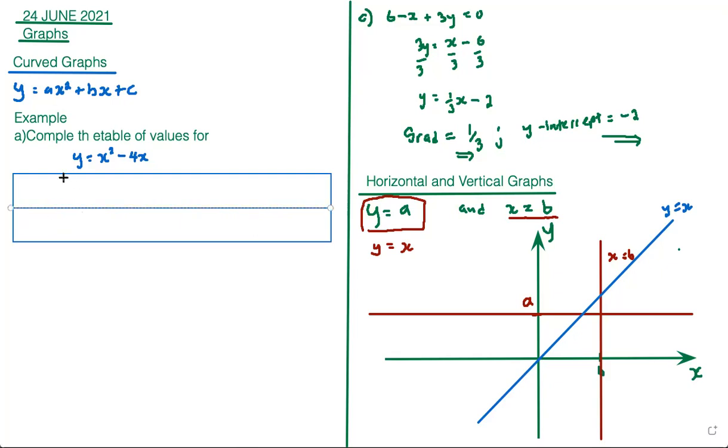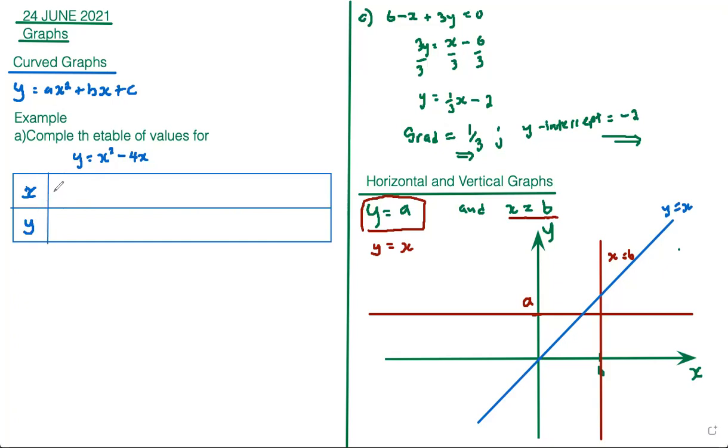Okay, so we have values of x and values of y. I just want to know now how many values do we have there. I'll write the values first and then I'll divide it. So we have values of x, values of y.